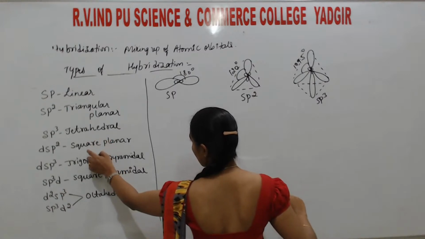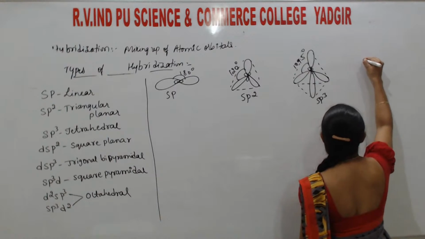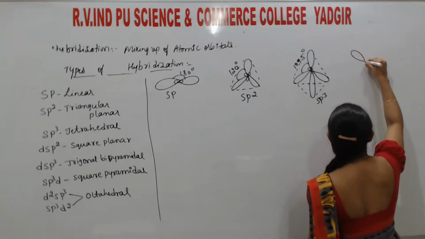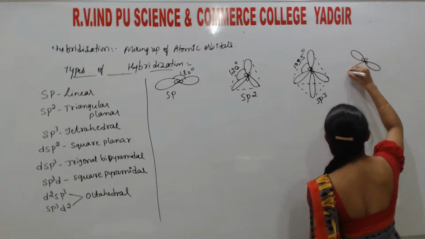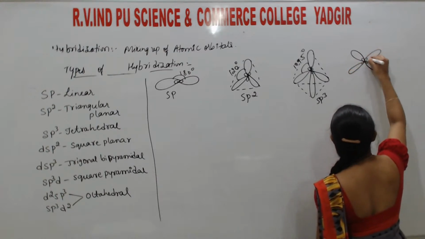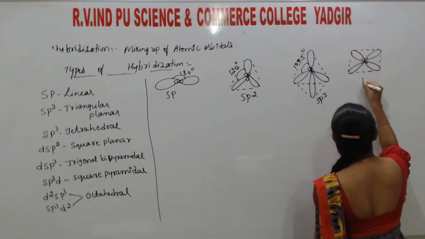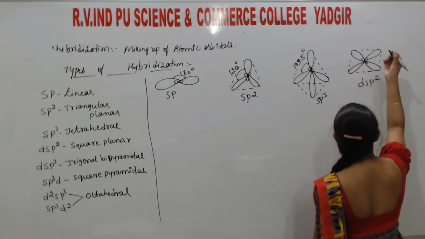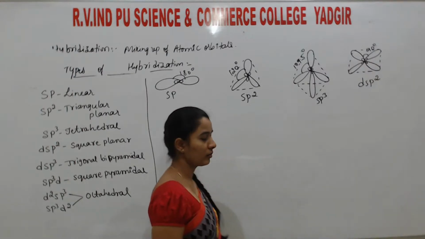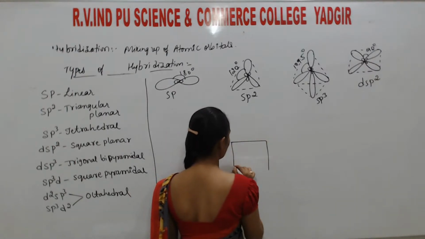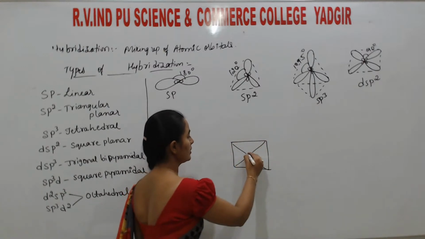Next, dsp2, that is square planar. So here the bond angle is 90 degrees. Like a square, you know that. This is the square here. Of course, the bond angle is 90 degrees here.